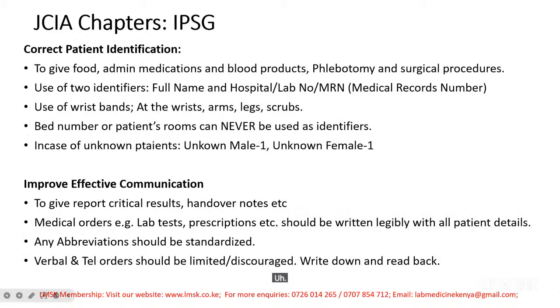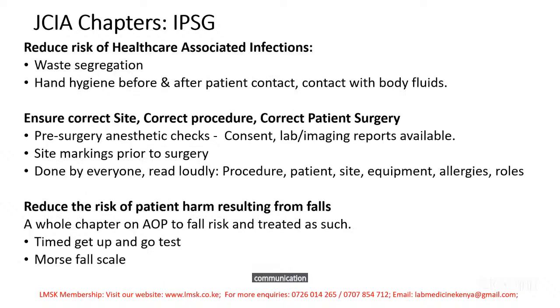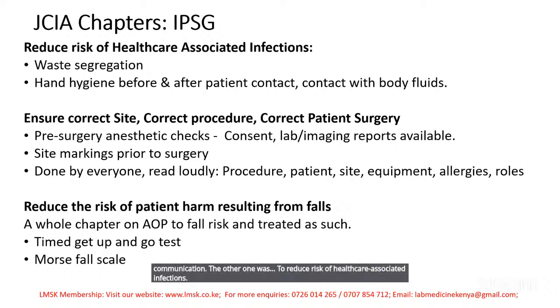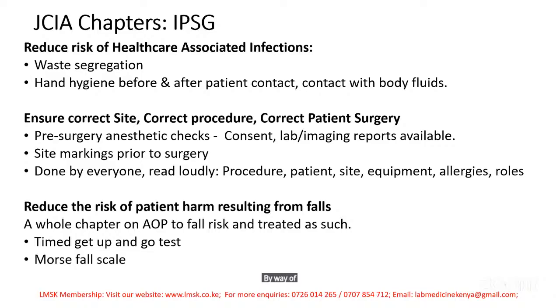This chapter has 6 goals. Number 1 was correct patient identification. Number 2 was effective communication. The other one was to reduce the risk of healthcare associated infections by way of waste segregation and hygiene in the lab.